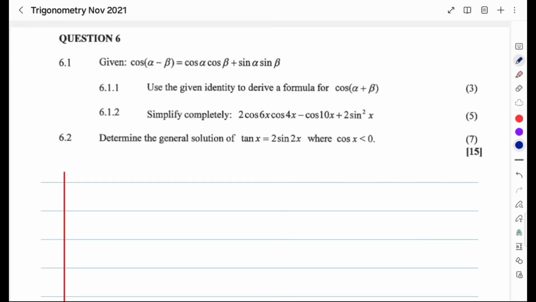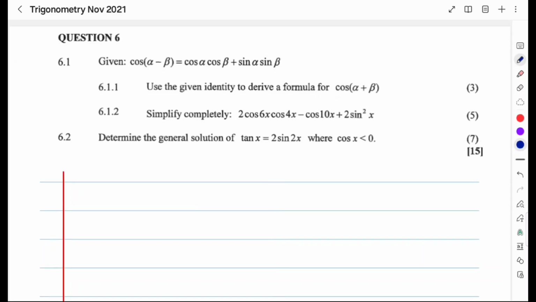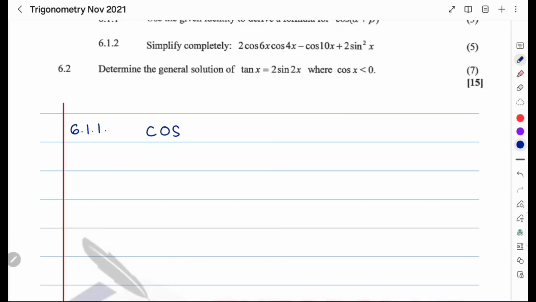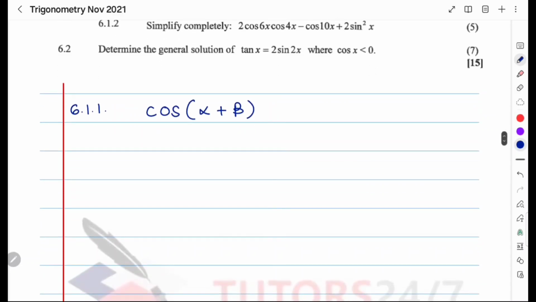So we basically need to use the identity given in 6.1 to find out what cos of alpha plus beta is equal to. So let us get started. Question 6.1.1. Now here we know that a positive sign can be broken up into two negatives.